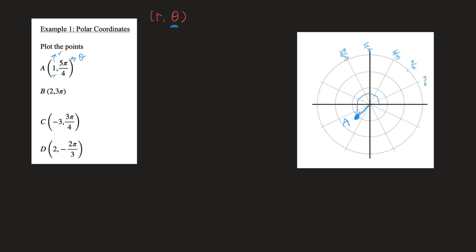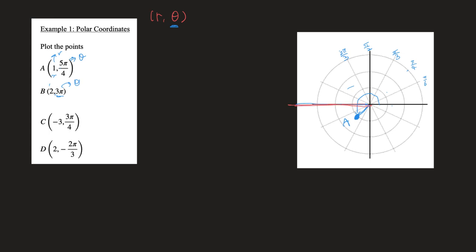Let's go to the second one. This time theta is going to be 3 pi. One revolution, one cycle, is 2 pi. So you go one more pi. So this one is this one, the negative x-axis.